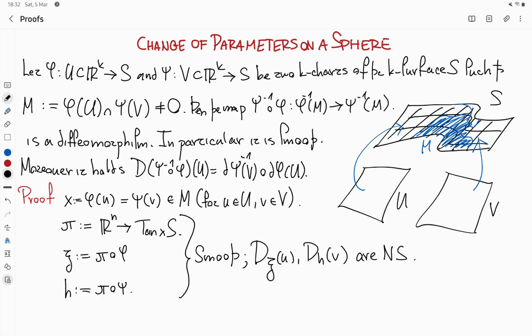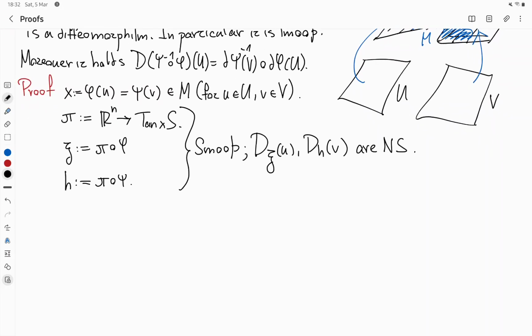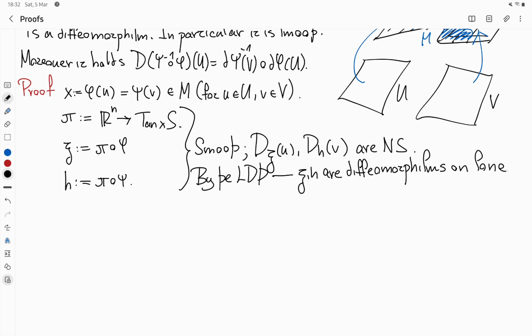Thus we have, by the local diffeomorphism theorem, that g and h are smooth, obviously, diffeomorphisms on some neighborhoods of the points u and v.